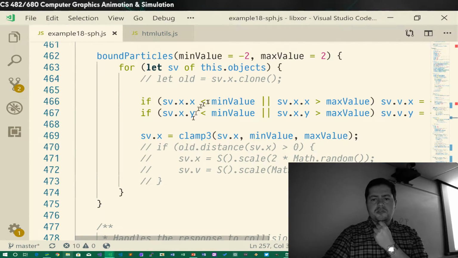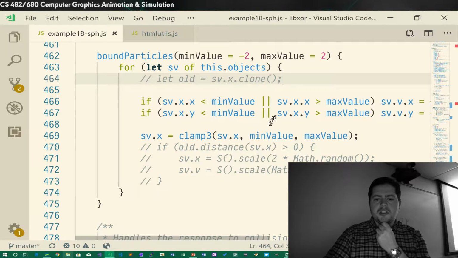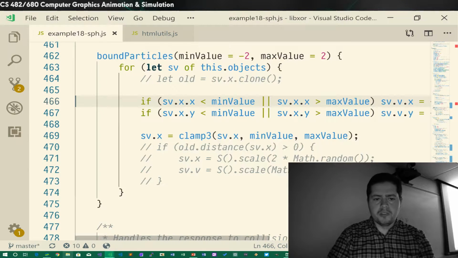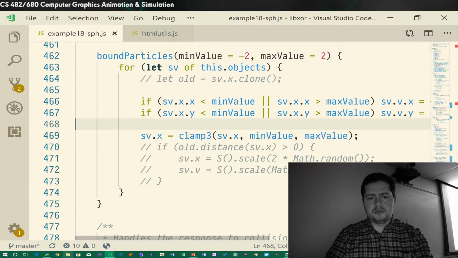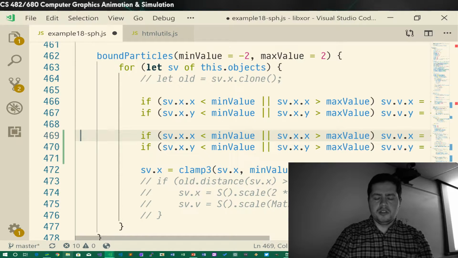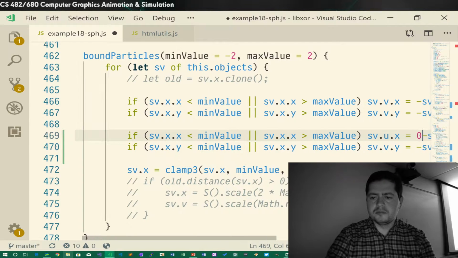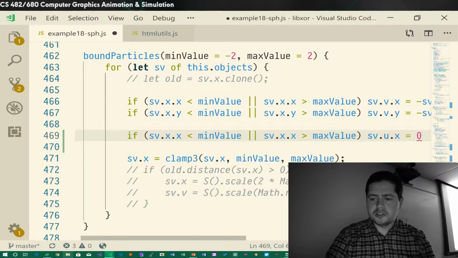I guess if it's outside, there's the velocity right there. Let's do this: if we're outside, then we set the fluid velocity to 0 in those directions.